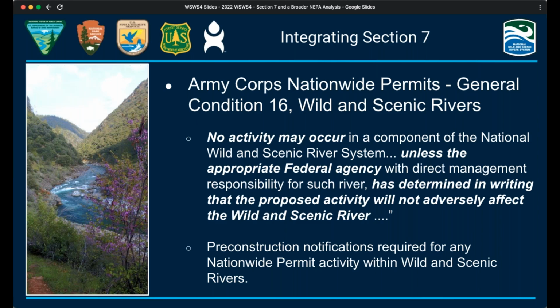The Corps is required to notify and coordinate with the appropriate river administering agency about any proposed projects that fall under a nationwide permit. And I should point out that in some parts of the country, the Army Corps has suspended nationwide permits in lieu of regional or statewide general permits, which apply to similar qualifying activities.